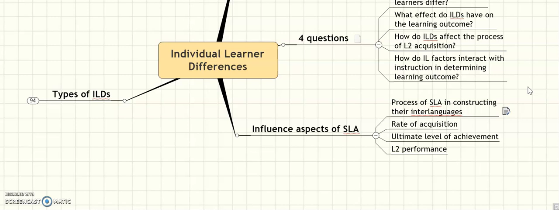We all know what interlanguage is, and that everyone has their own interlanguage, and how interlanguage is constructed by an individual learner might differ because of the influence of individual learner differences.